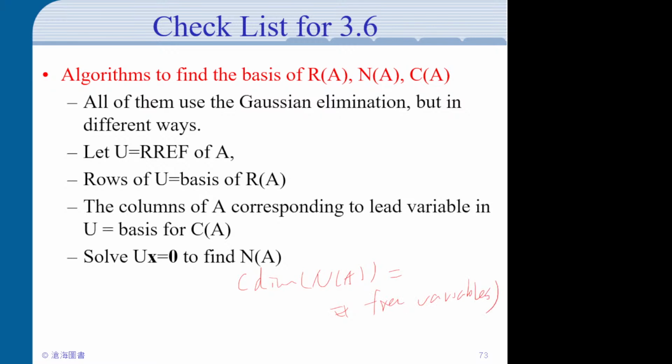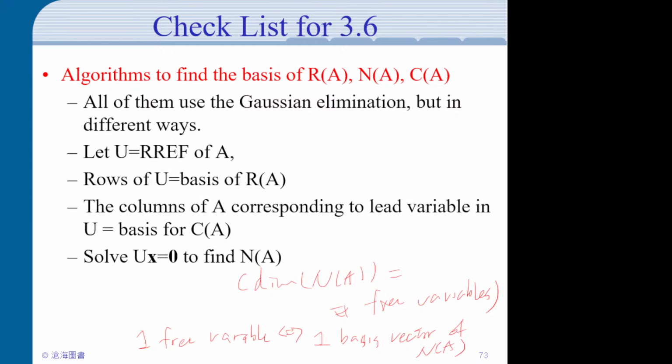So basically, for every free variable, you will get a basis vector for N of A. So there is a one-to-one correspondence between one free variable and one basis vector of N of A.